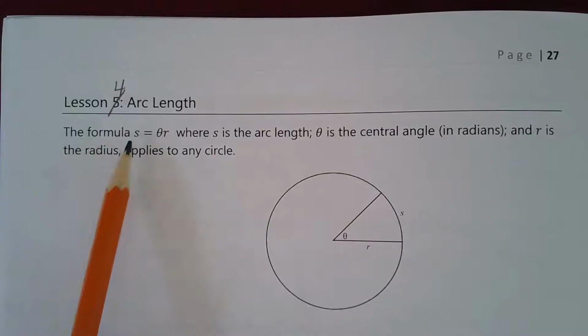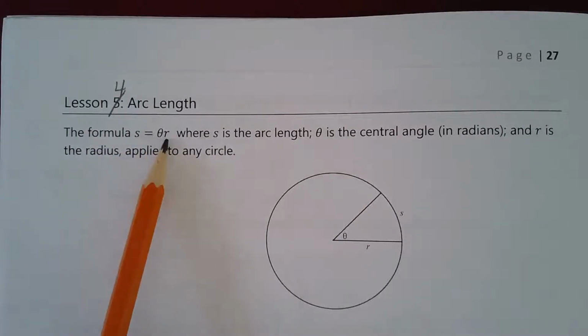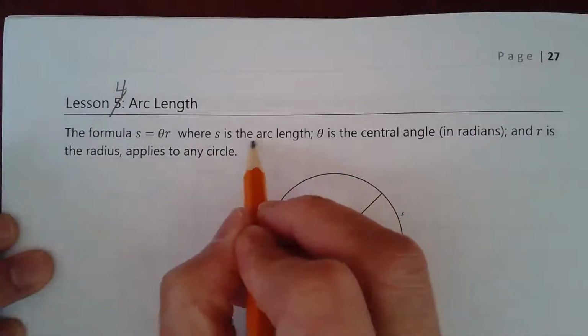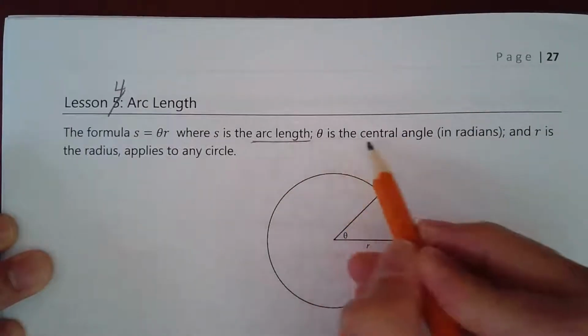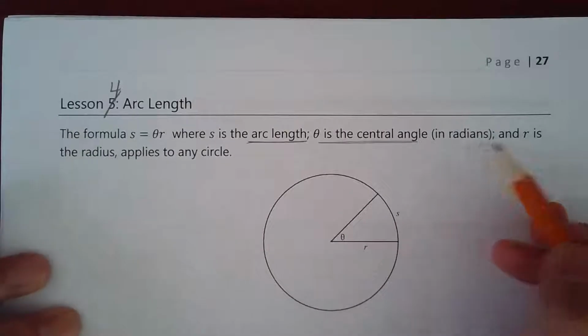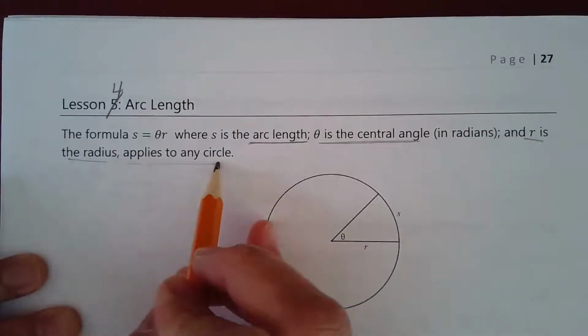The formula S equals theta R, where S is the arc length, theta is the central angle in radians, and R is the radius, applies to any circle.